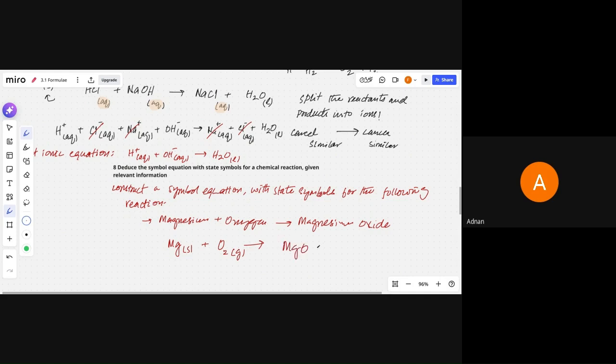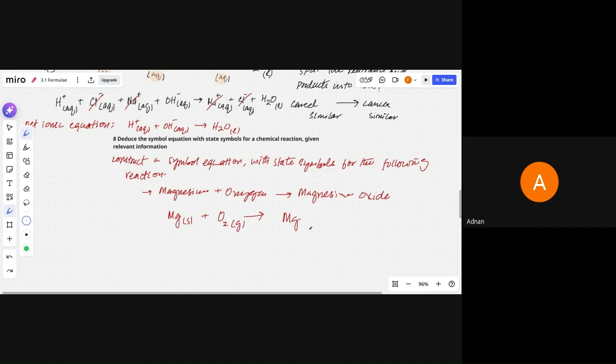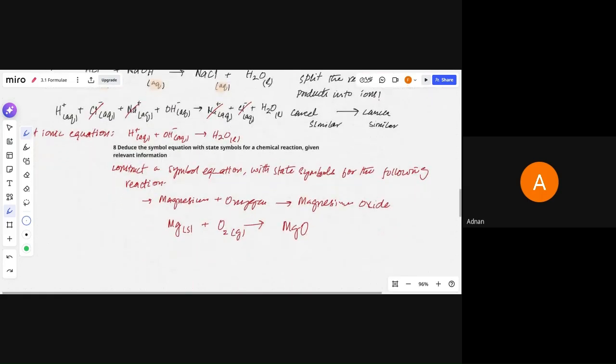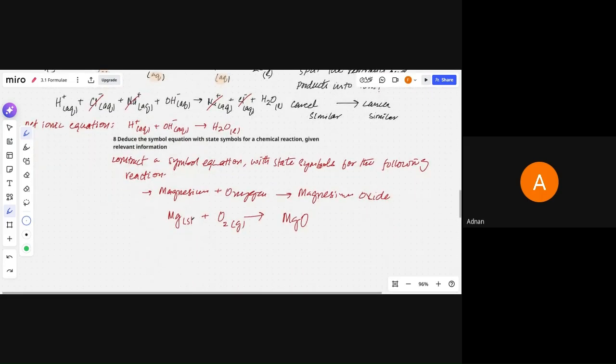MgO. So how do I know that the product will be magnesium oxide, MgO, and not MgO2 or Mg2O? This is exactly what we learned in our previous topic, how to write the formula of an ionic compound. Magnesium, since it is in group 2, will have a 2+ charge, and oxygen, since it is in group 6, will have a 2- charge.